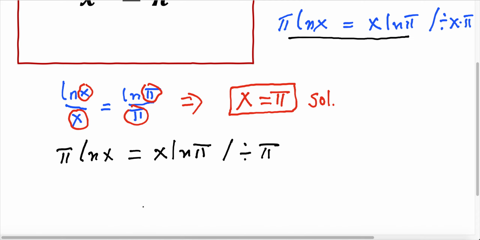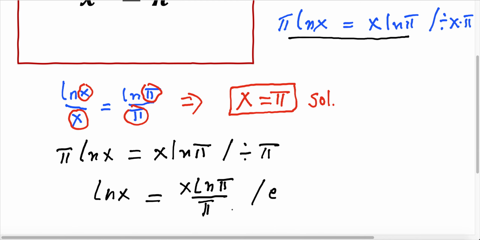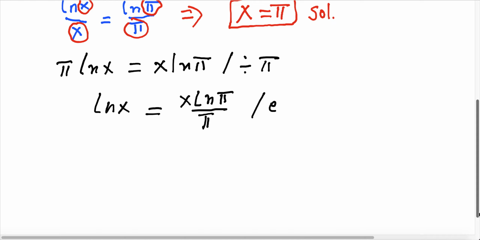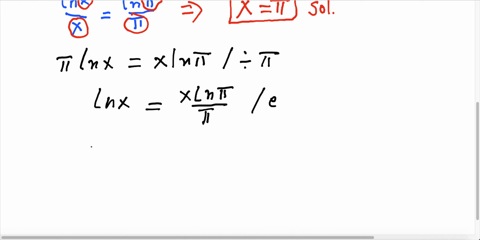If I'm dividing everything by pi, ln x is going to be equal to x ln pi divided by pi. And now if we are putting everything in exponents of e, we are going to have e to the ln x is equal to e to the x ln pi, divided by pi.